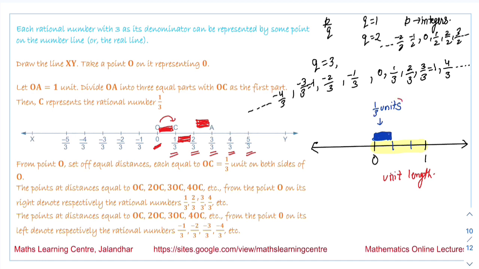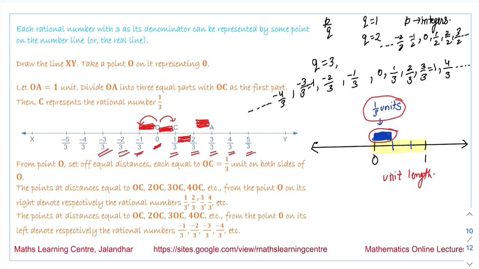Similarly, we take the same length on the left side and mark the points. You will get the points minus 1 by 3, next minus 2 by 3, next minus 3 by 3 and so on. And this is how we can draw all the numbers with denominator 3.